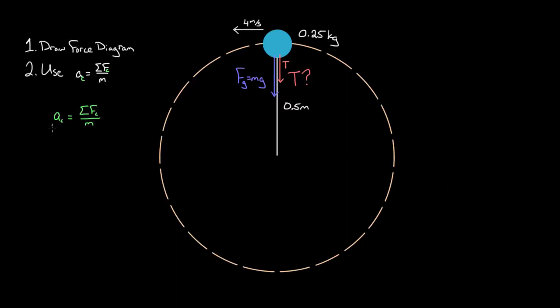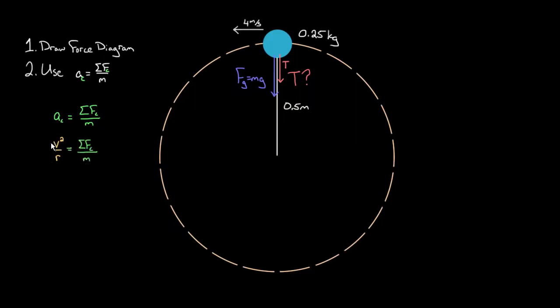Because we chose the centripetal direction, we can replace the centripetal acceleration with the formula for centripetal acceleration. The centripetal acceleration is always equivalent to v squared over r, the speed of the object squared divided by the radius of the circle that the object is traveling in. So we set that equal to the net centripetal force over the mass.